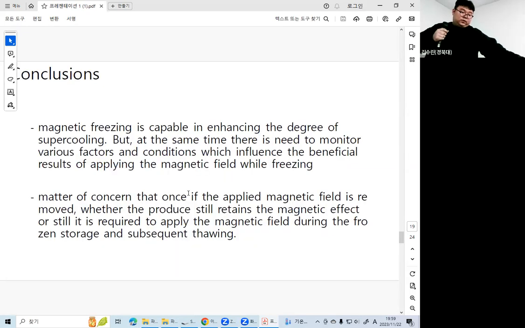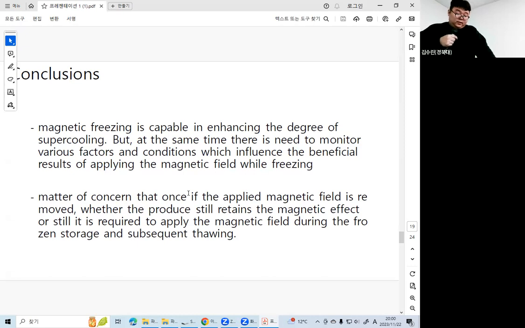And the conclusion of the paper is that magnetic freezing is capable of enhancing the degree of supercooling, but at the same time there is a need to monitor various factors and conditions which influence the beneficial results of applying the magnetic field while freezing.